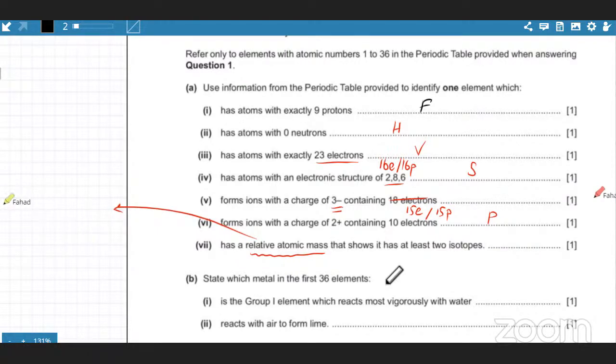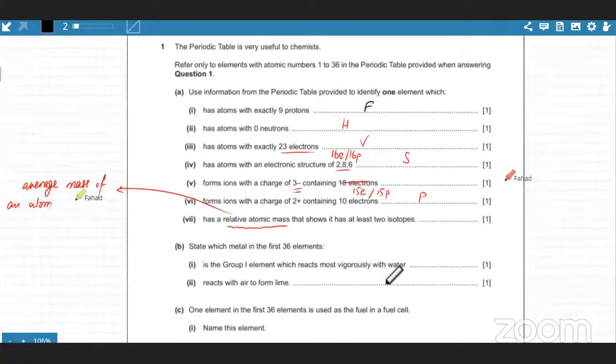It's basically the average mass of an atom compared to the carbon 12 isotope.